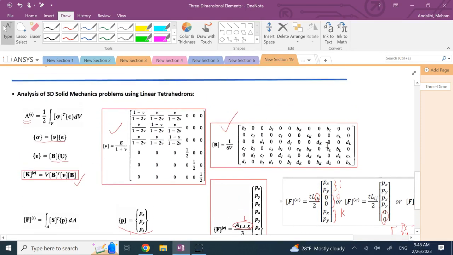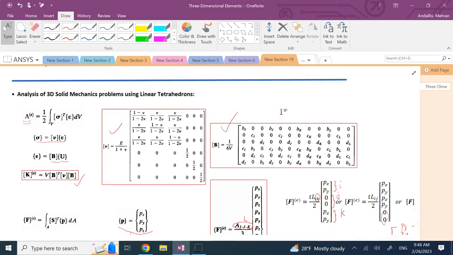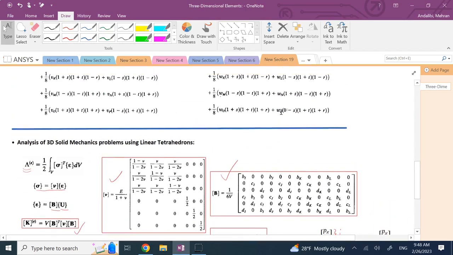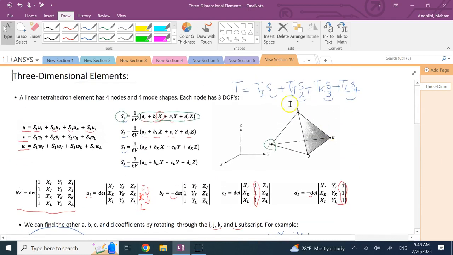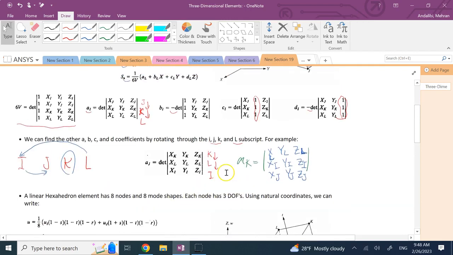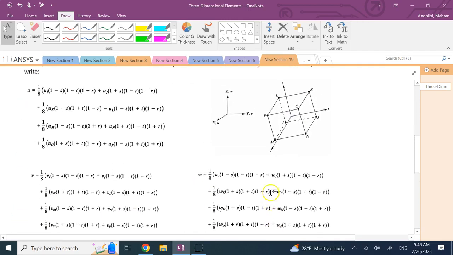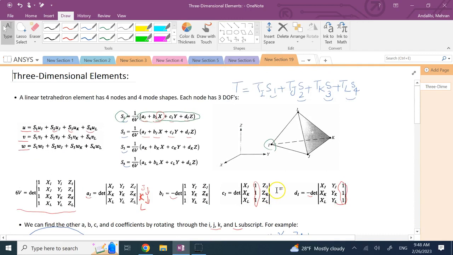I'm sure you can solve examples by hand for this part, but you would rather do it with ANSYS or an FEA software. Therefore, I leave this part to you if you want to practice it with ANSYS: break a volume into tetrahedrons, apply some load, and look at the numbers here. But this is the basics that the software is using behind the scenes.